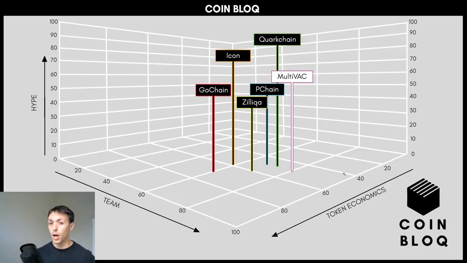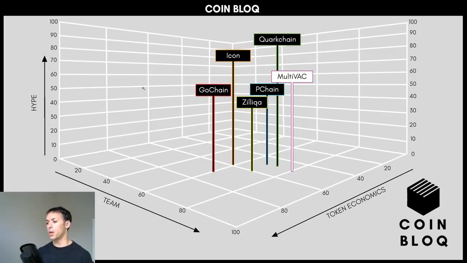So if we look at the hype, we can see that MultiVAC has actually been increasing over time. I've given it currently 6 to 6.5 out of 10. Associates and people connected to influencers in the cryptocurrency community have already taken interest in this project, ballooning demand among retail investors and first-time speculators.